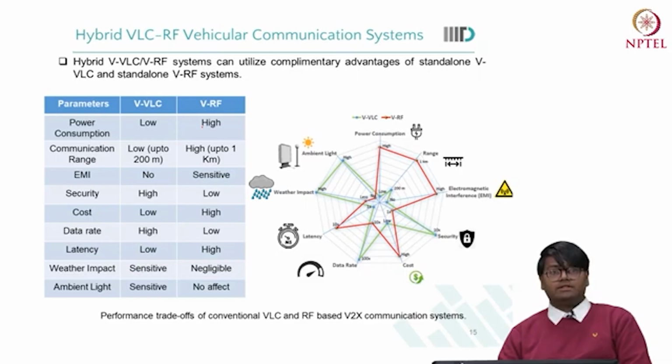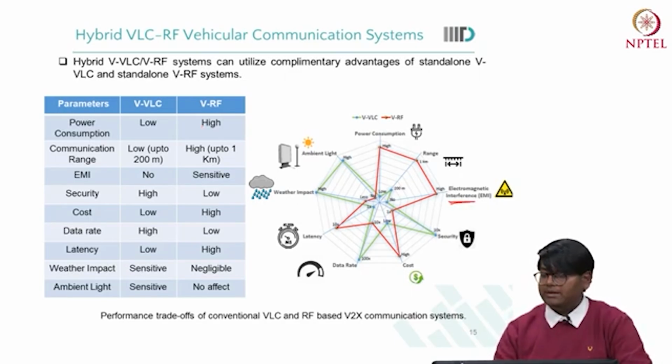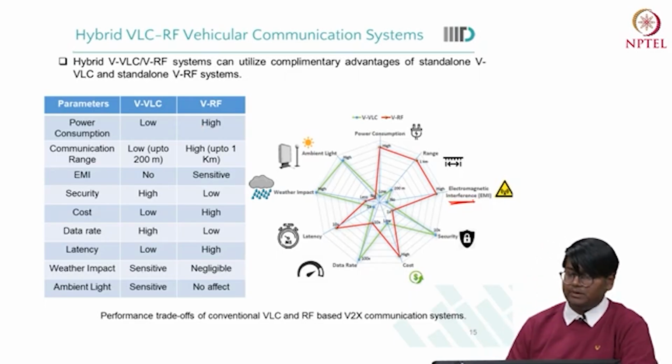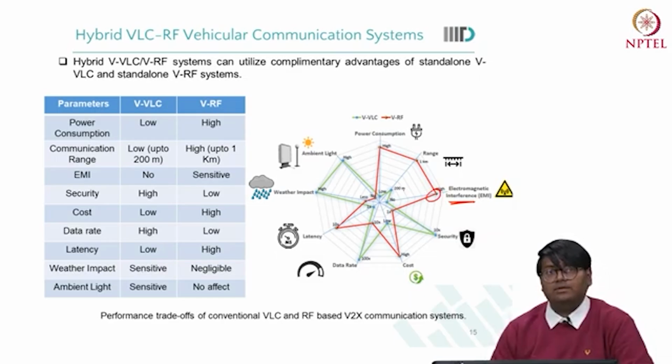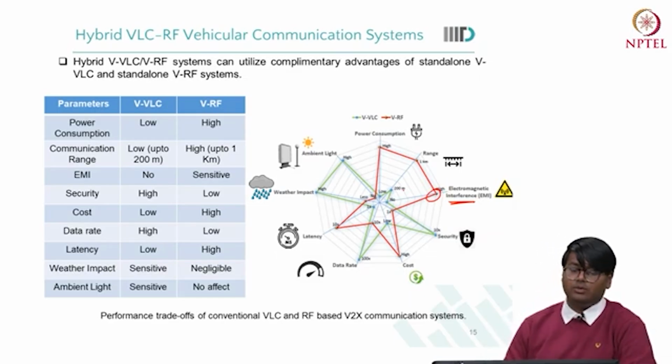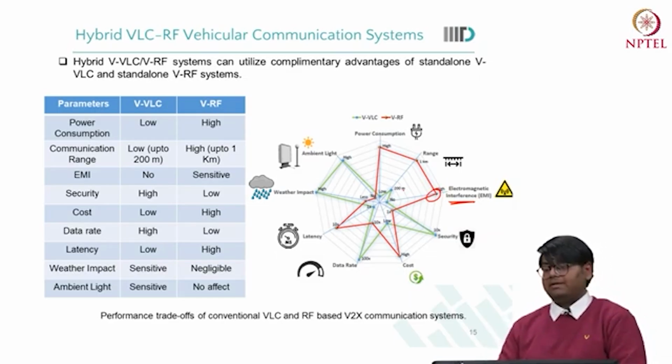The communication range supported by vehicular VLC is low, typically around 200 meters, while for vehicular radio frequency communication it is up to 1 kilometer. And the impact of electromagnetic interference is more significant in case of vehicular RF. However, in vehicular VLC, we have no electromagnetic interference impact.